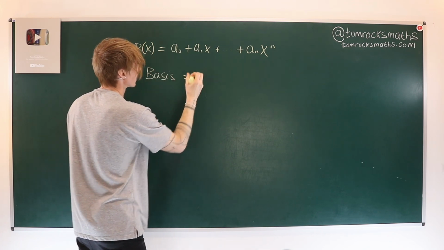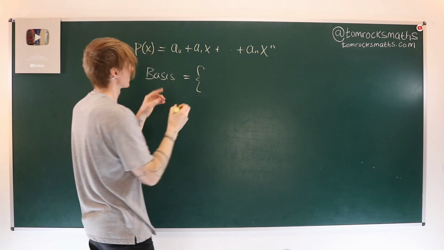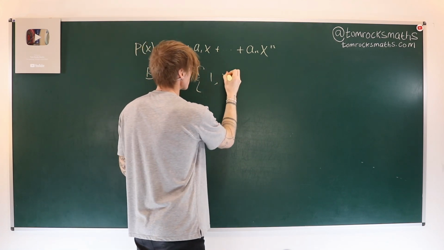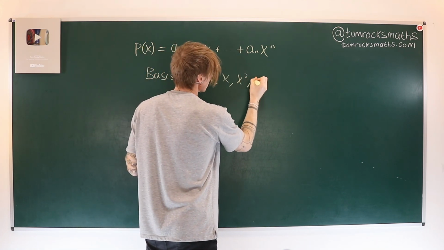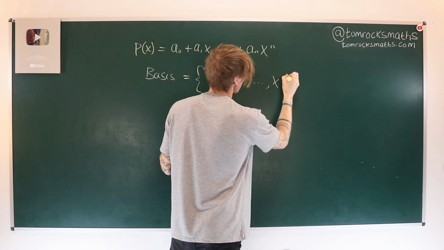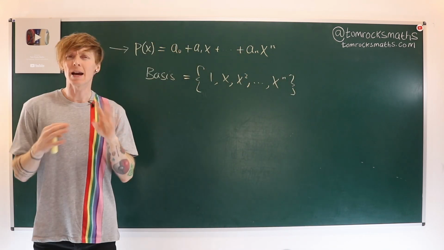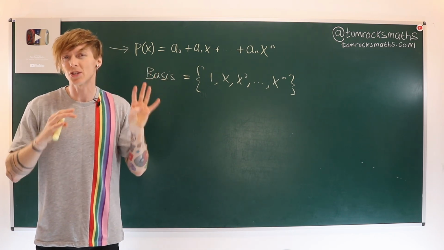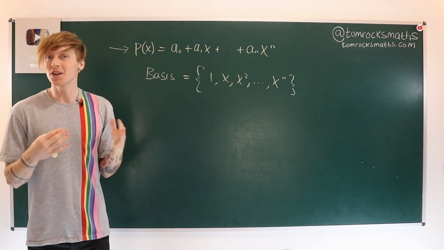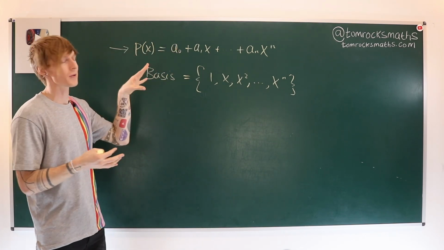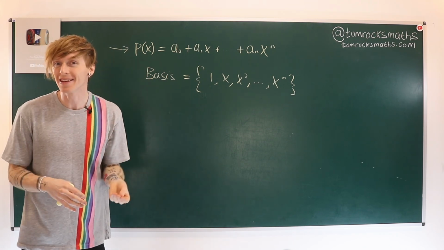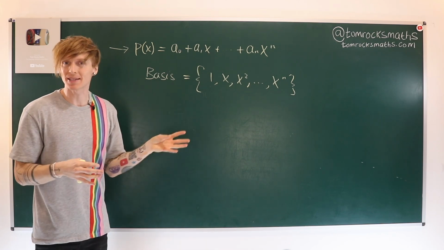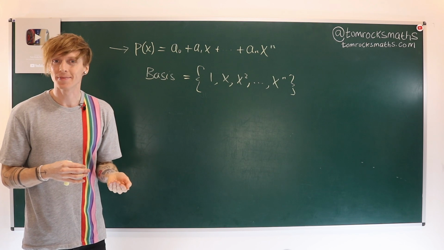for this space could be the set given by x to the naught, which is of course 1, then we have x, then x squared, and we continue up to x to the power n. Before we get to the formal definition of a basis, some of you may have noticed that here we're dealing with polynomials up to degree n, and this is indeed a basis of this vector space, as we'll see shortly.